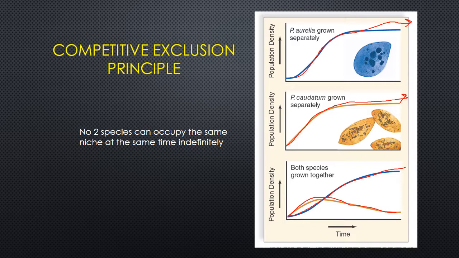So that's the difference between fundamental and realized niche. Let me say that again. The agar plate is a fundamental niche for both the blue and the yellow species, but it is only a realized niche for the blue species.